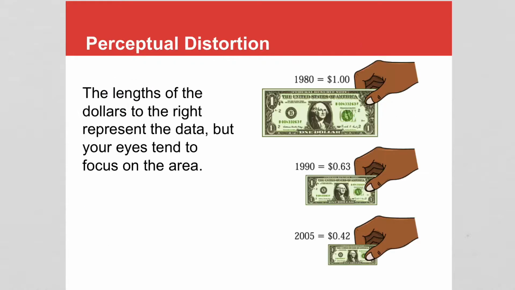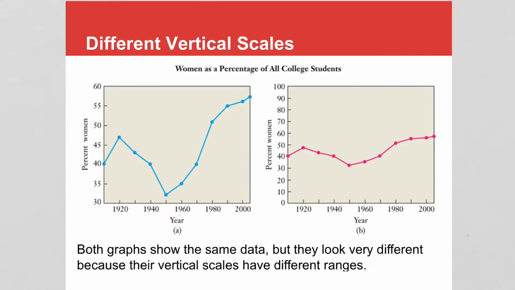Watch the scales. So in this picture, both of these show the exact same thing: women as a percentage of all college students. In the first picture, it looks like the percentage of women as college students greatly declined around 1950 and greatly rose in the year 2000, right? Big decrease, big increase. But in this graph, yeah, it declines, but not hugely. It's fairly consistent, between 40 and 60 percent. Not a huge difference like this graph looks.